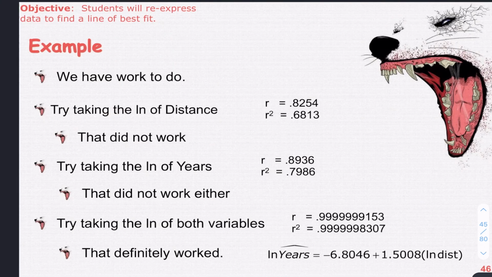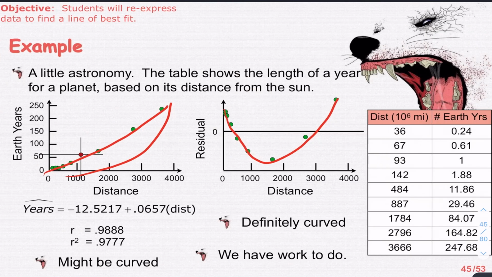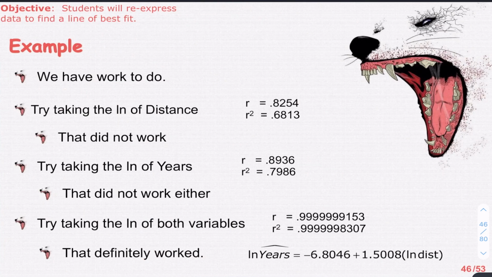Now, what do we do? Well, we first try taking the log of just the distance. If we take the log of the x values, does that straighten it out? We get an r and an r squared. That's not all that much better. Maybe we take the ln of years instead of the ln of distance, and we get still better, but it could be better.